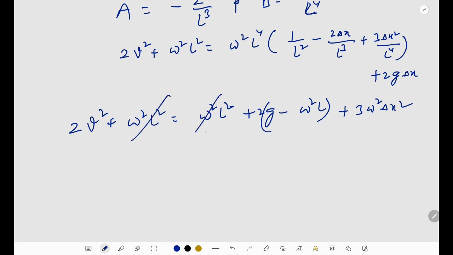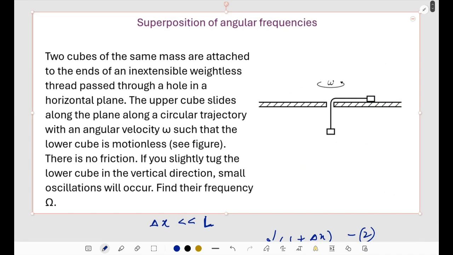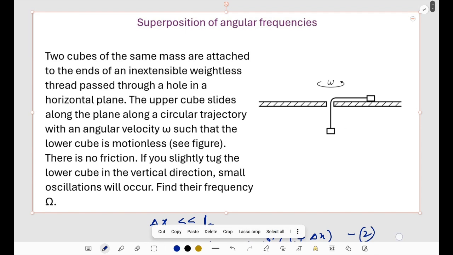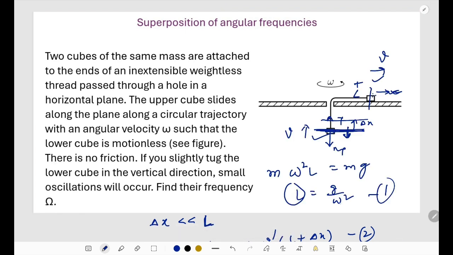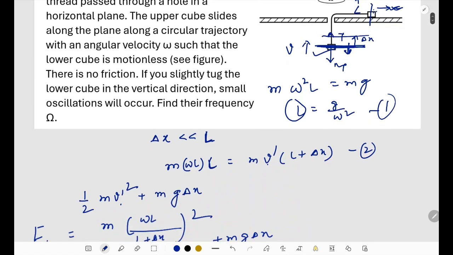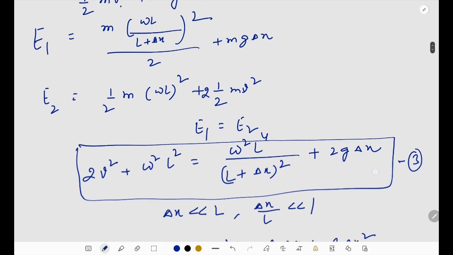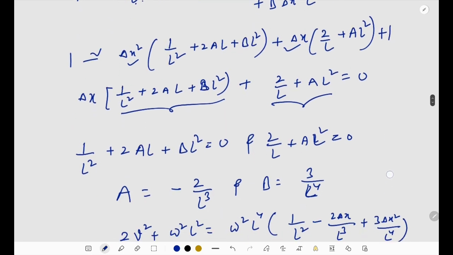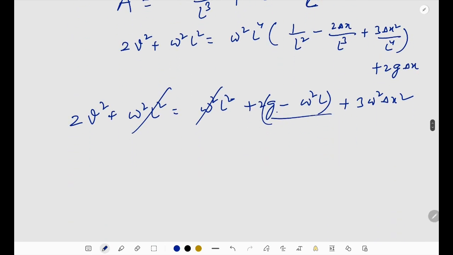And you can see here this g minus omega square L is also equal to 0, because we already found L equals g by omega square. So g minus L omega square is going to be 0, and this term is going to be 0, so that we can write here 2b square is equal to 3 omega square delta x square.